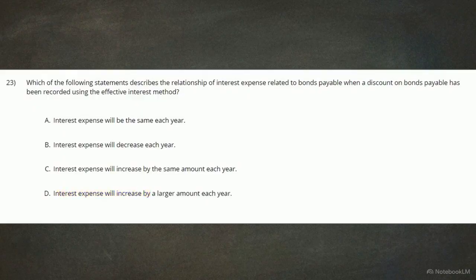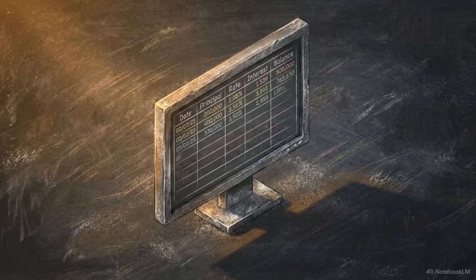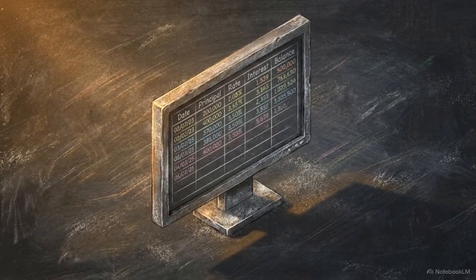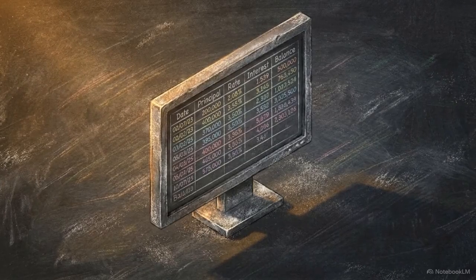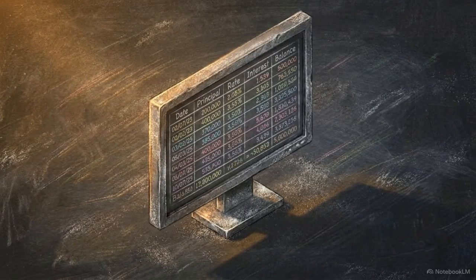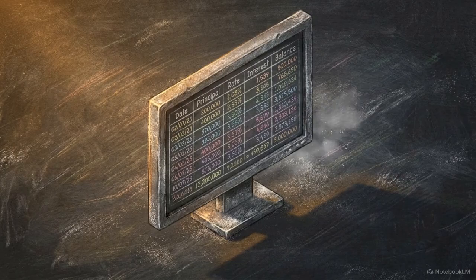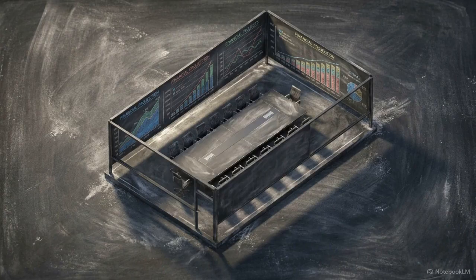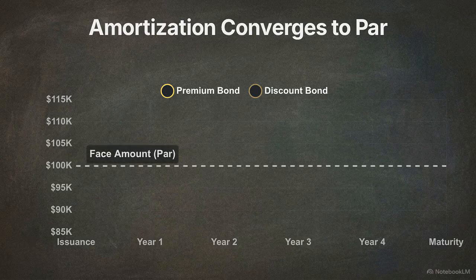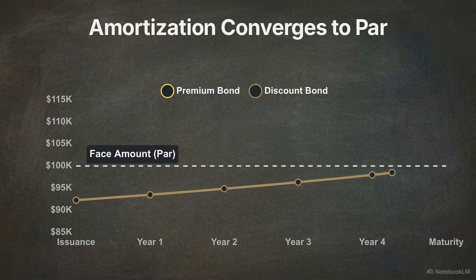The effective interest method functions as a self-contained logic gate. Once the initial variables are set, the year-to-year trajectory of the expense is a mathematical inevitability. Stepping back from the annual tables reveals the elegance of the entire bond lifecycle. Whether a bond is issued at a discount, climbing upward, or a premium, sliding downward, the engine is the same.